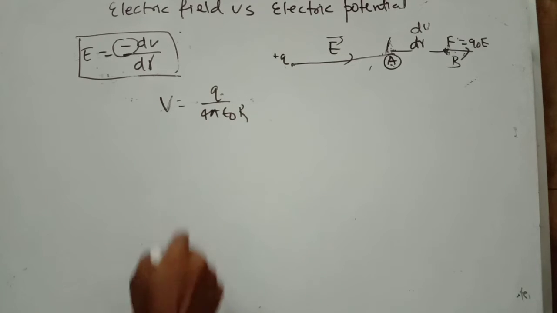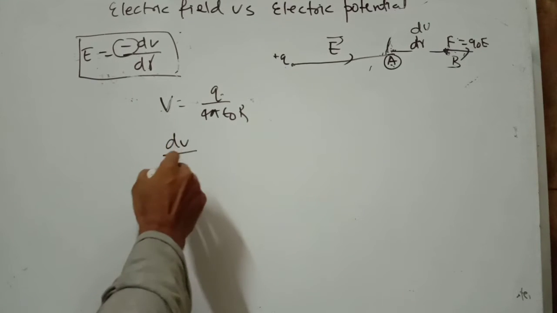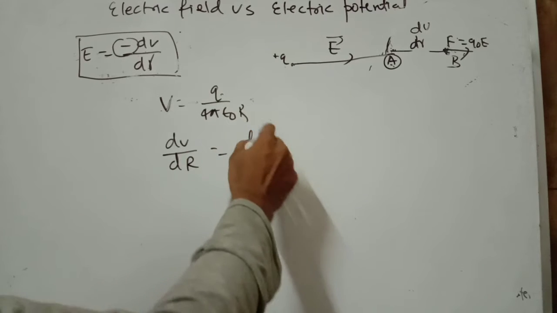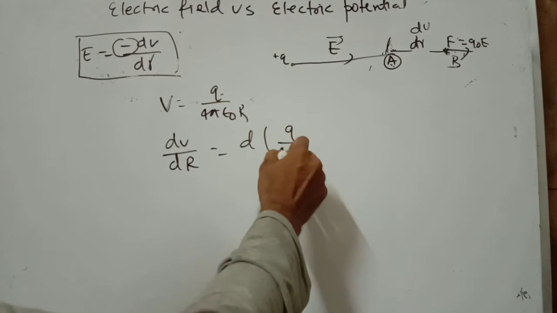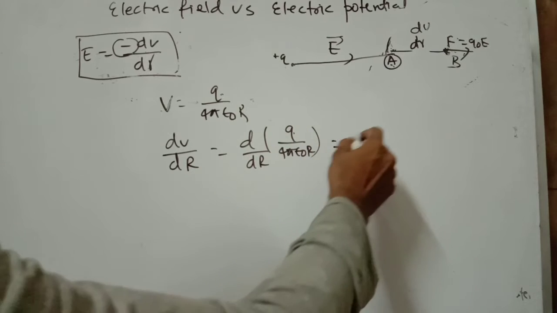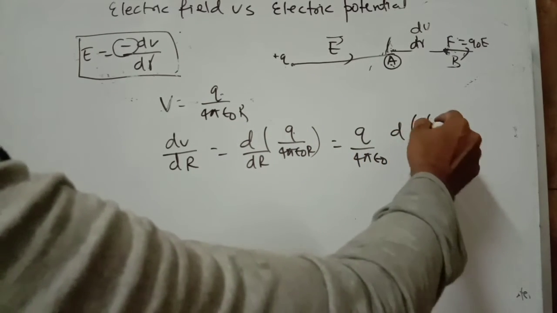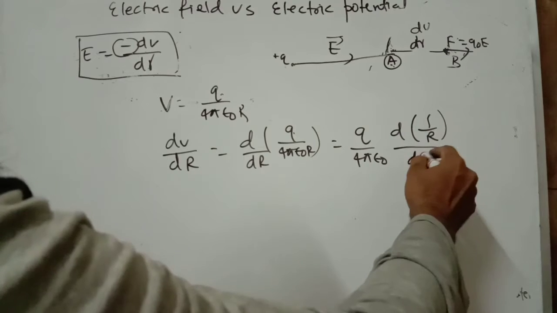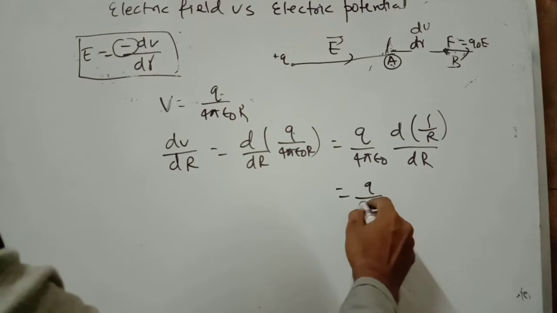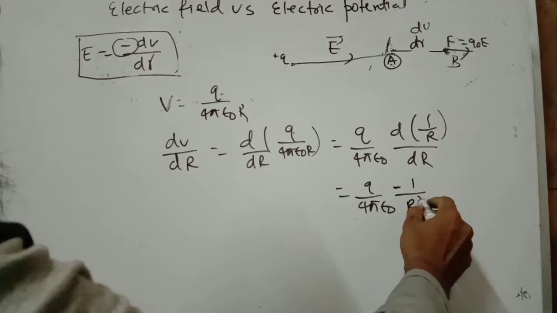Now find dV by dr by differentiating this. Since q by 4 pi epsilon naught is constant, it stays outside the differentiation, leaving the derivative of 1 by r, which is minus 1 by r square.